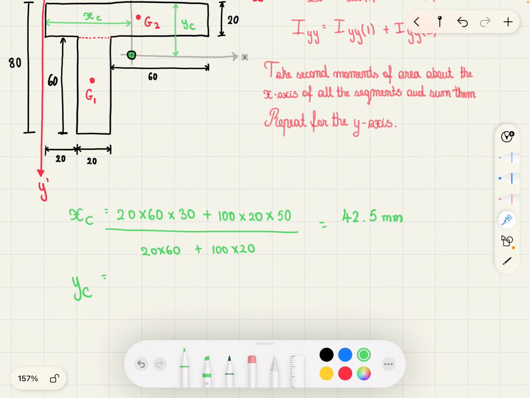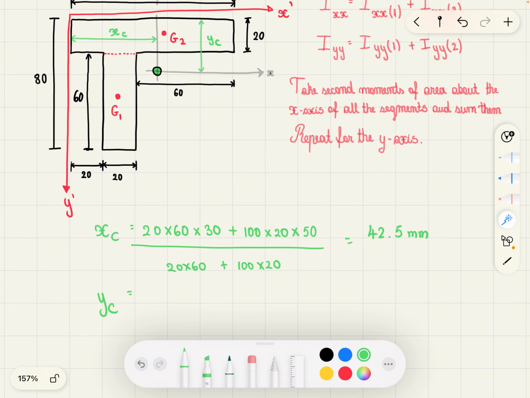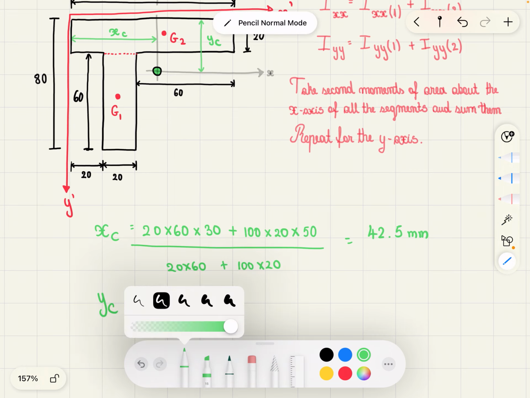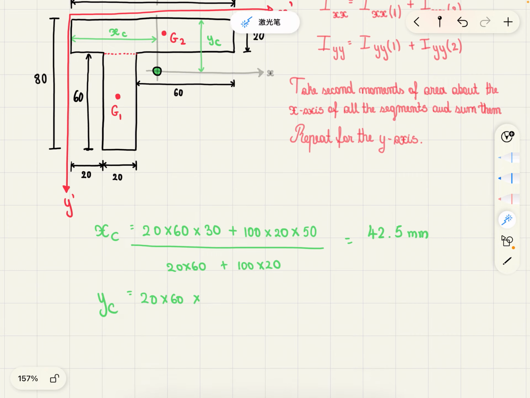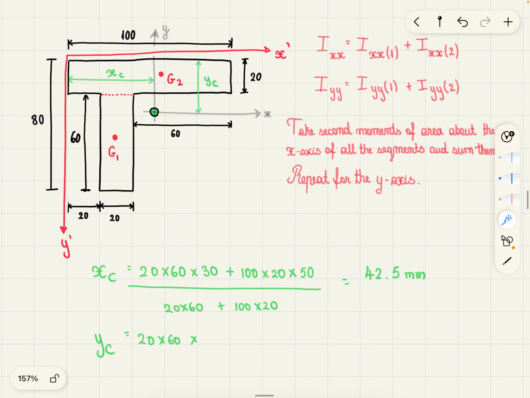Yeah? So, the area of block 1 is 20 times 60 times this length. What's this going to be?